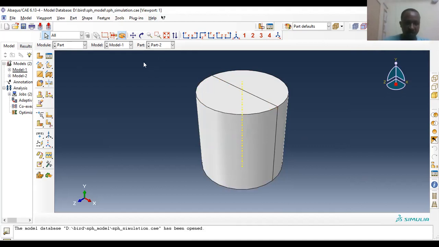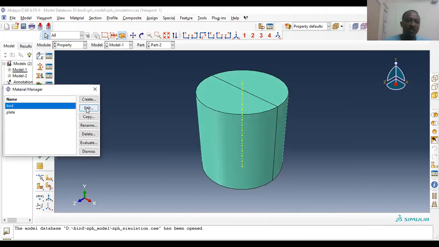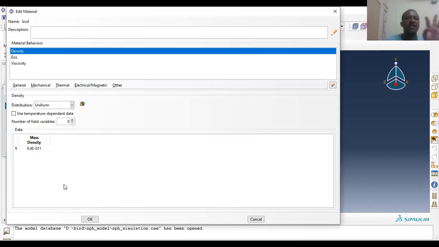The bird is modeled with a cylinder shape, and the material property of the bird is given. The density of the bird is 940 kilogram per meter cube, which is less than the density of water, because the bird is modeled as a combination of air and water, and the density of air is less than water.